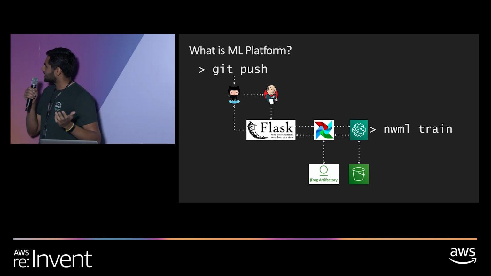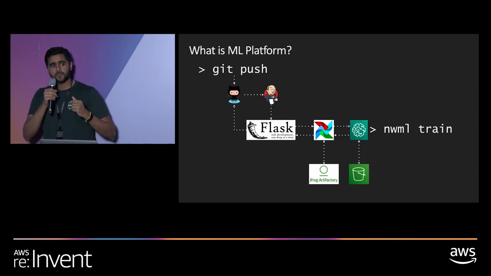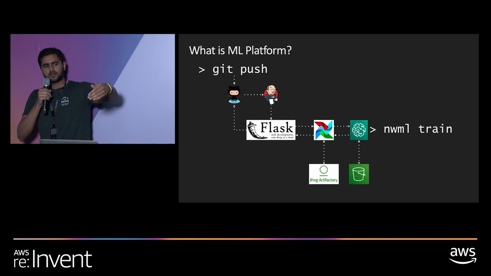You're probably wondering, why is Airflow involved here? The reason is training jobs either are triggered ad hoc for exploration or on a schedule for productionalization, right? And we want a consistent interface between them, so we use Airflow for both the ad hoc case and the scheduled case. And then the data comes from S3, and the model artifact goes back into Artifactory.